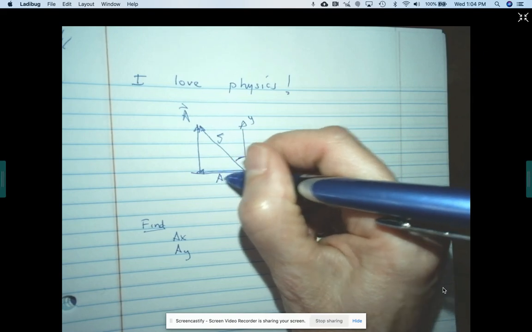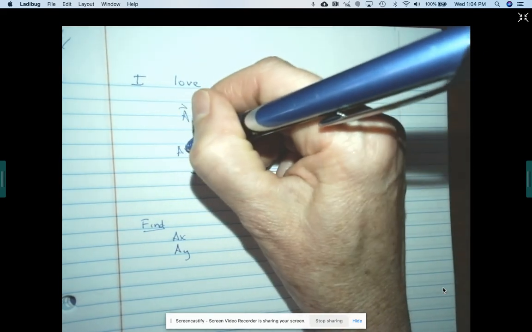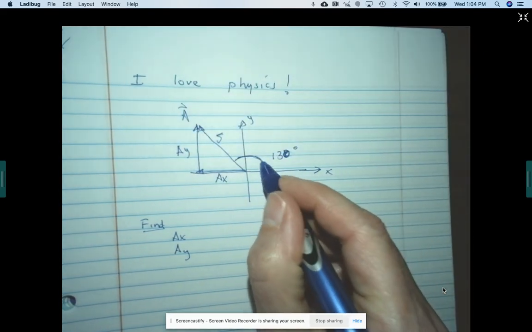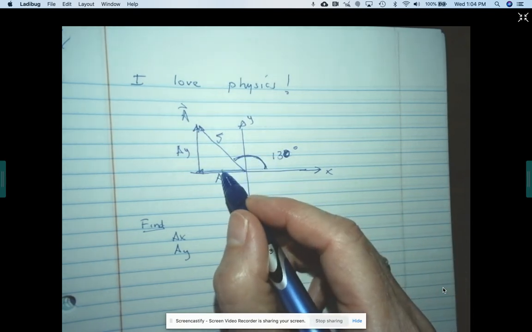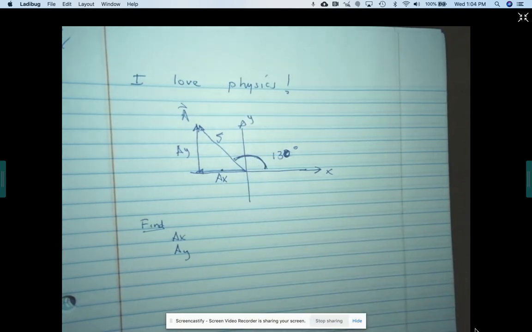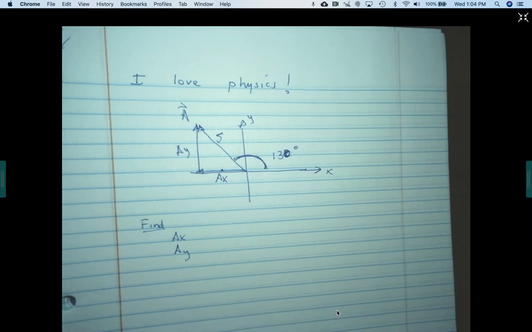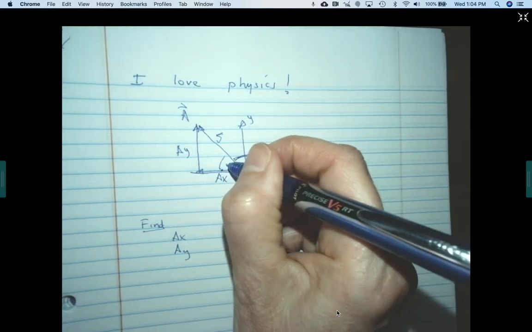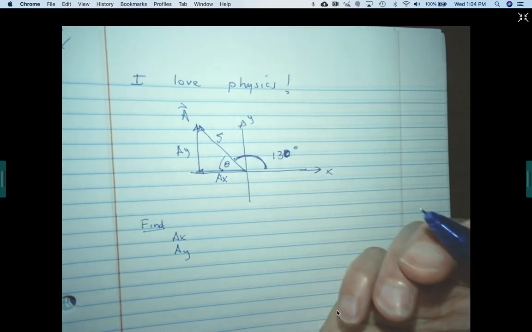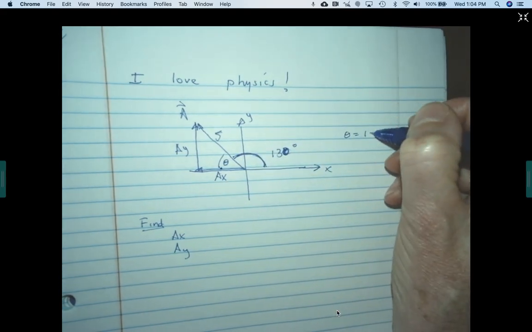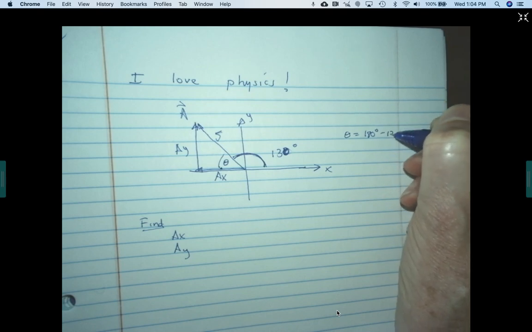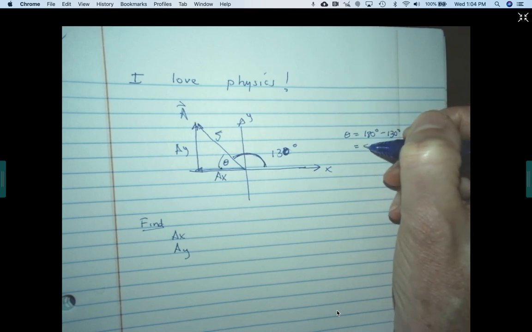So that would be my AX, and this is my AY. So I know this is 130 degrees, and I know all the way over to this angle is 180 degrees. So that means in here, I call that theta. Theta is going to be 180 degrees minus 130 degrees, so theta is 50 degrees.